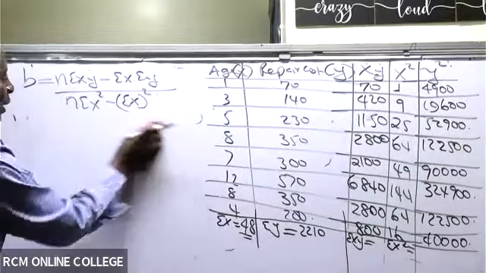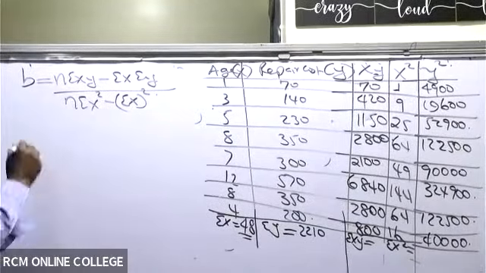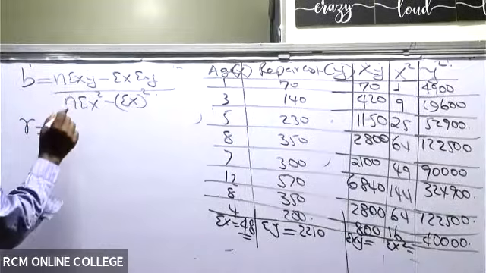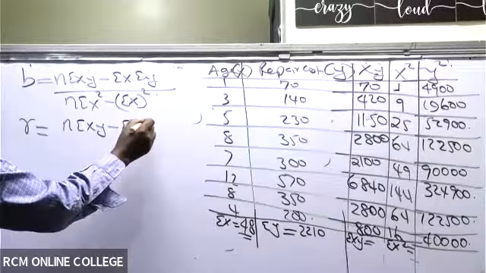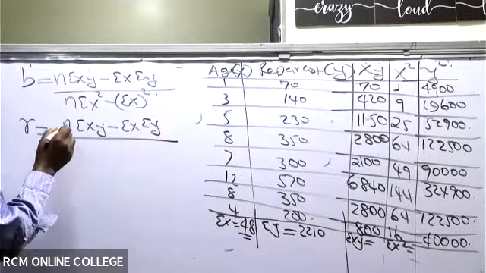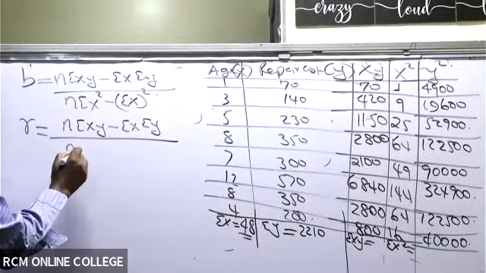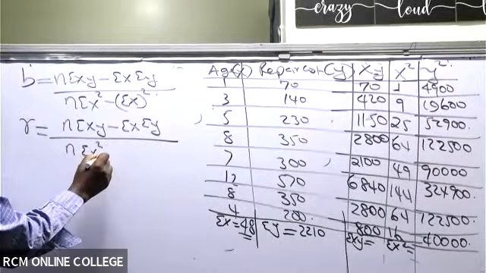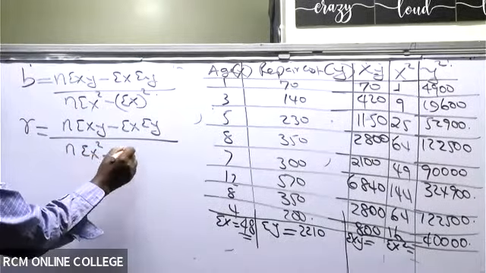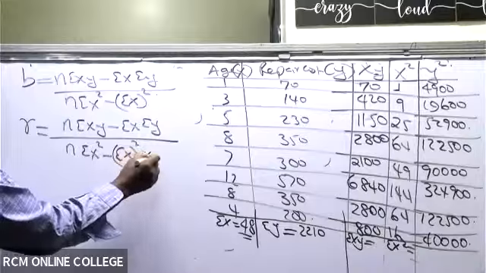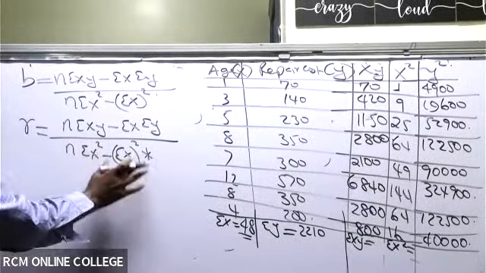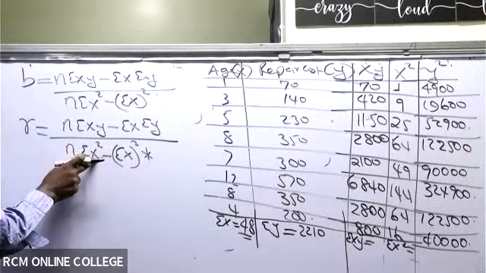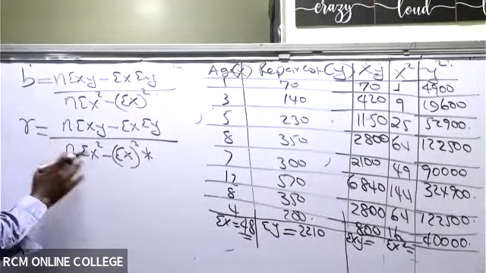To get our R, this is normally what we do. The numerators will be the same: n summations of xy minus summation of x, summation of y, all over n summations of x squared minus summation of x squared, times the same style, but now we replace with y. The same style because you are correlating two.